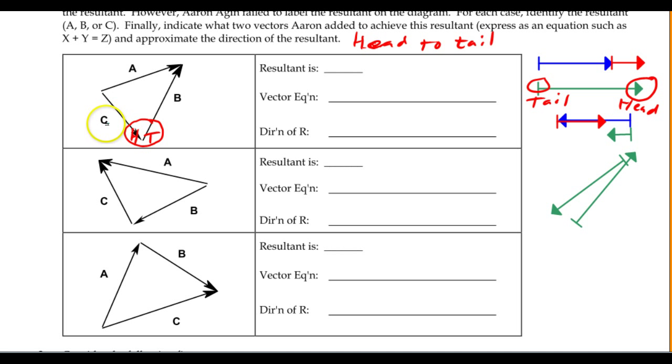So we're adding C to B, and therefore we're getting a resultant of A. So we would have started the whole drawing here, we would have ended the drawing here. Our resultant would have been the straight line vector from where we started to where we finish. So the resultant is A. We're adding C plus B, we got A.